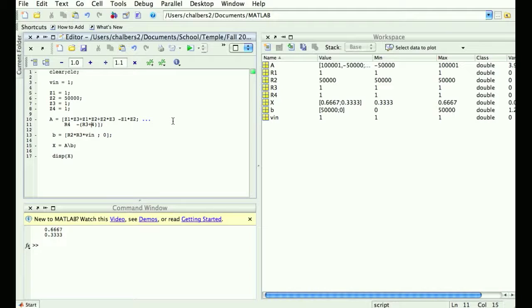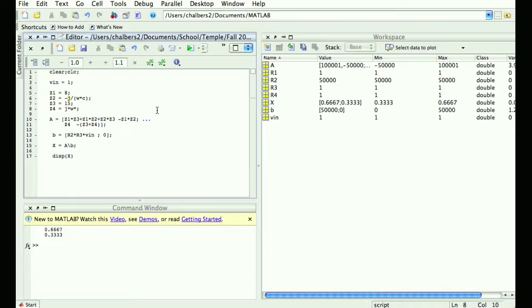So we said Z1 was 8. Z2 was minus J over omega C. Okay, well, I'm going to leave it as omega C for now, just to illustrate a larger point. Z3 was 15, and Z4 was J omega L.